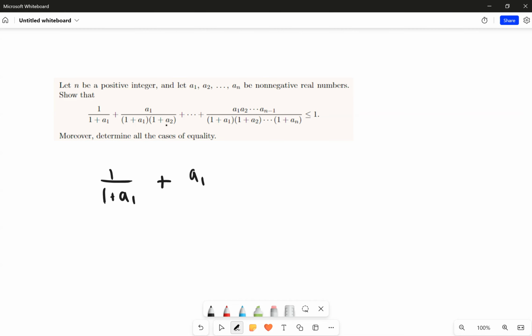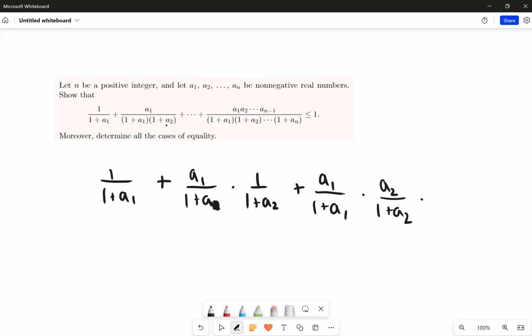So we have a1 over 1 plus a1, times 1 over 1 plus a2. And we have similar terms for the rest of them. So we have a1 over 1 plus a1 times a2 over 1 plus a2, and then times 1 over 1 plus a3.